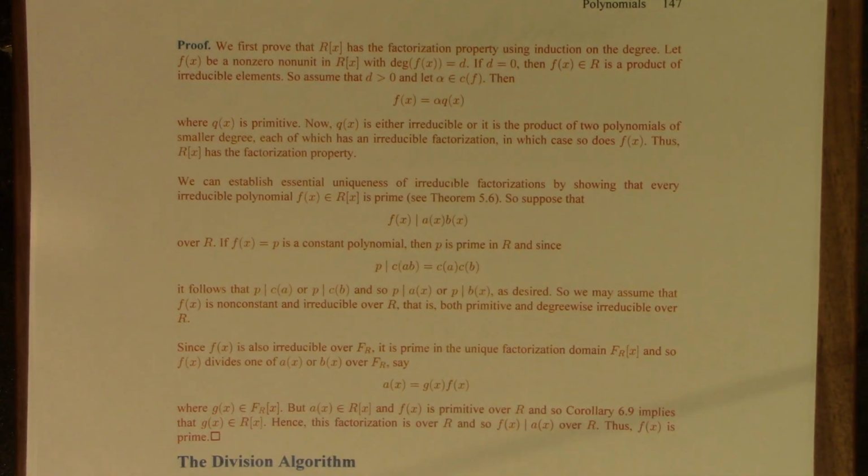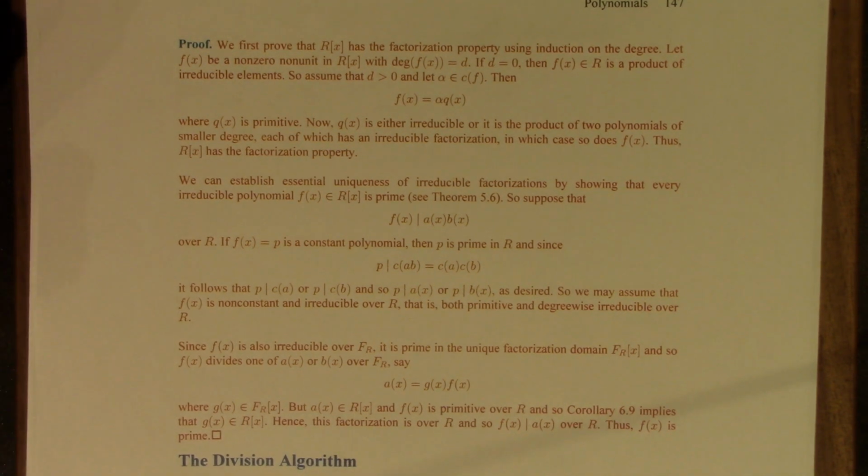Now q of x is either irreducible or it's the product of two polynomials of smaller degree, each of which has an irreducible factorization by the inductive hypothesis, and therefore so does f of x. So f of x is in fact a product of irreducible elements, and R[x] has the factorization property.